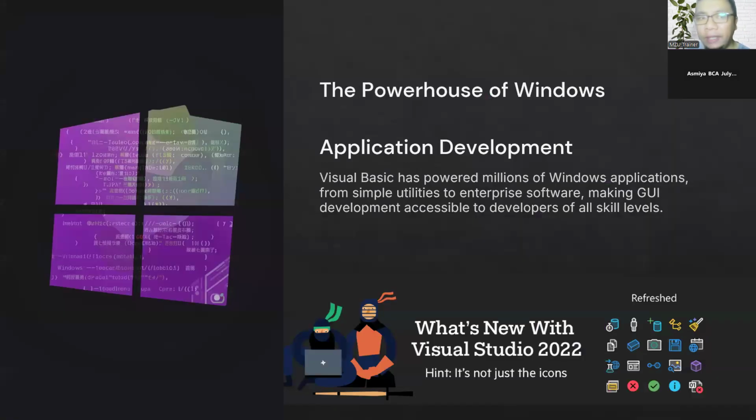So the Visual Basic, as I said, is the powerhouse of Windows. All the Windows components were based on Visual Basic from the early releases. So we can see that the application development done by Microsoft was powered by the Visual Basic language.